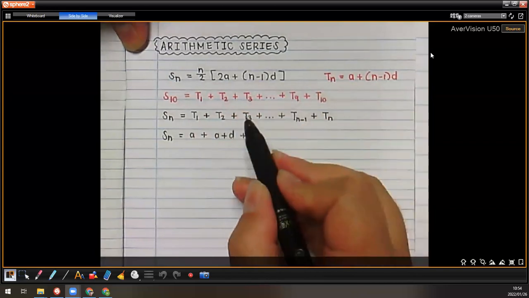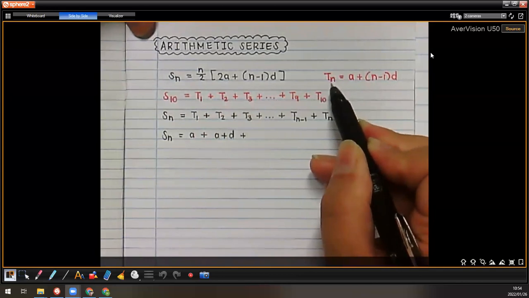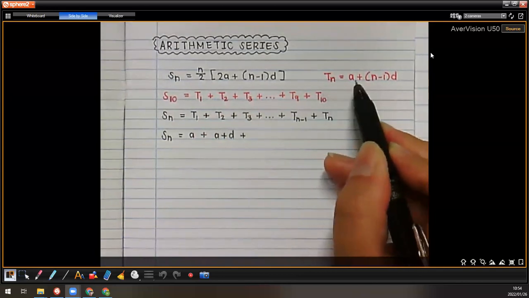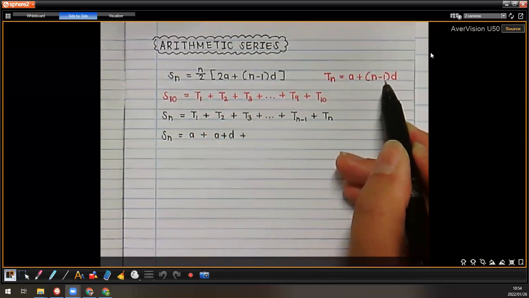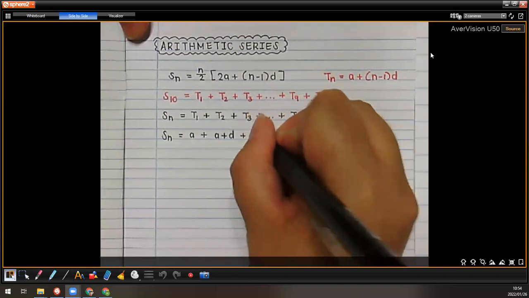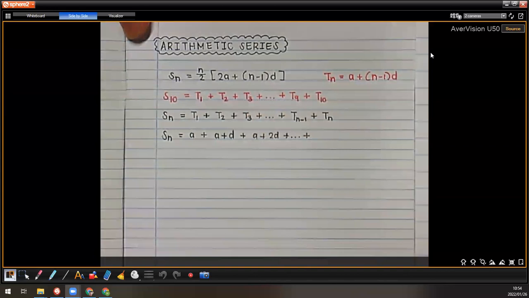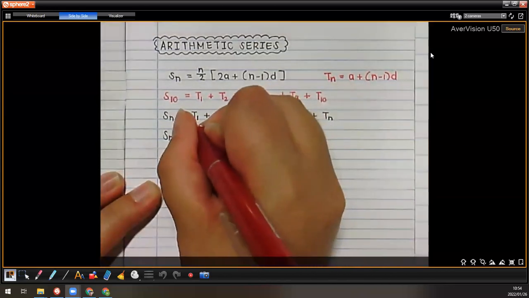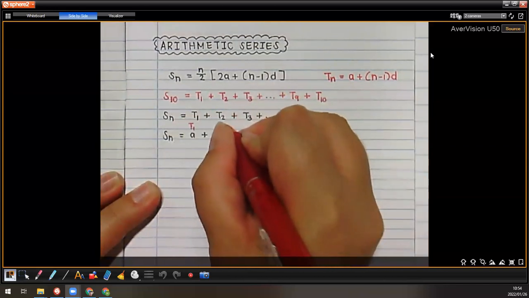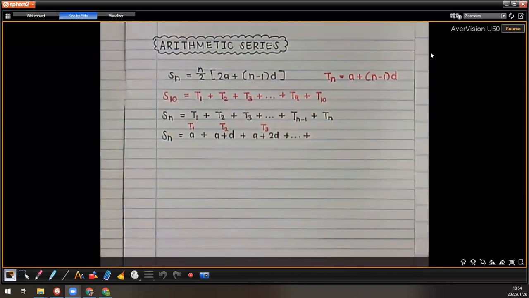Plus term 3: if we put a 3 in the place of n, it will be a plus 3 minus 1 d. 3 minus 1 is 2, so a plus 2d. Then we do dot, dot, dot, plus. If you want, you can write a little note above: this is term 1, this is term 2, this is term 3. We are just adding them all together.